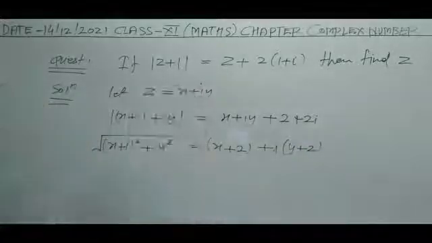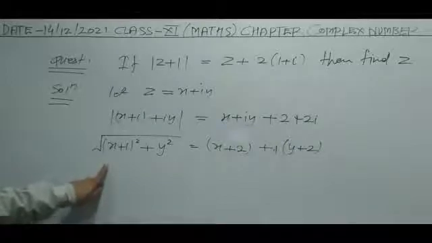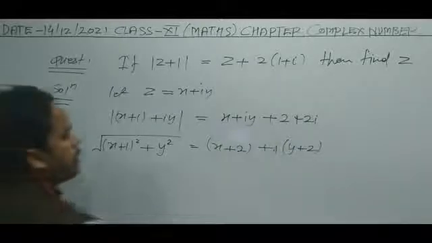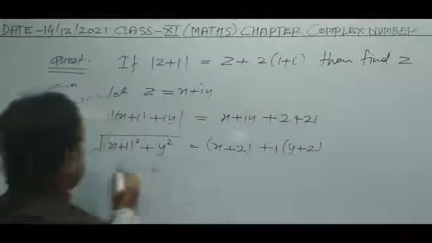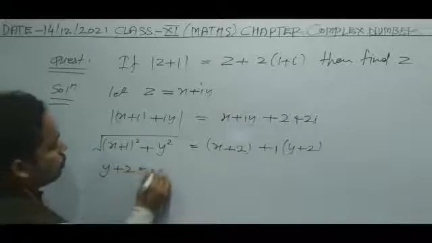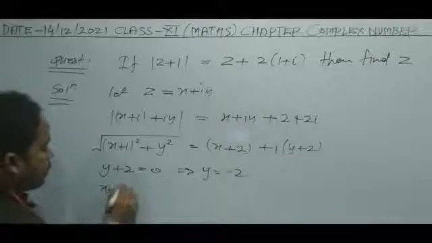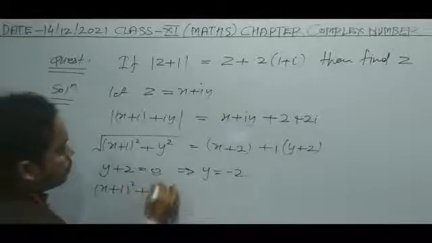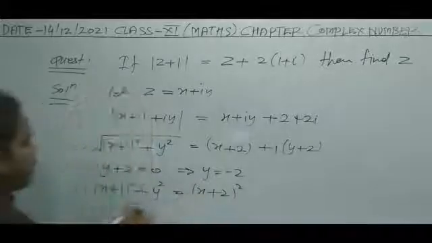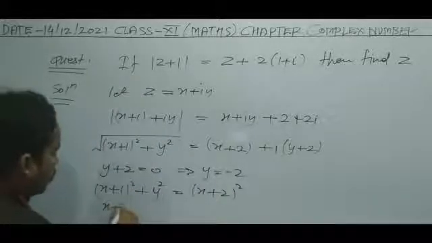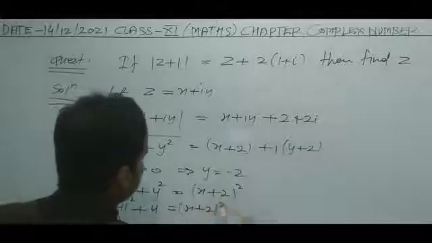We can equate the real and imaginary parts. After equating imaginary parts you will get y plus 2 is equal to 0, this implies y is equal to minus 2. And (x plus 1) whole square plus y square will be equal to (x plus 2) whole square. With y equal to minus 2, (x plus 1) whole square plus 4 is equal to (x plus 2) whole square.